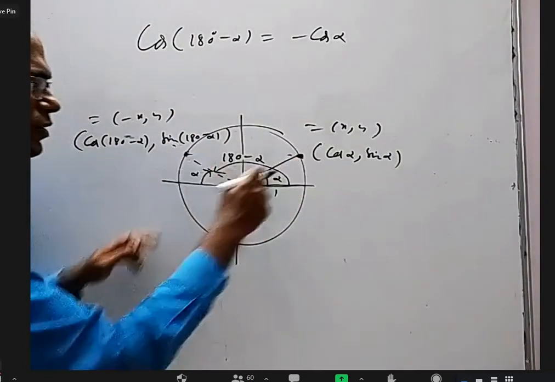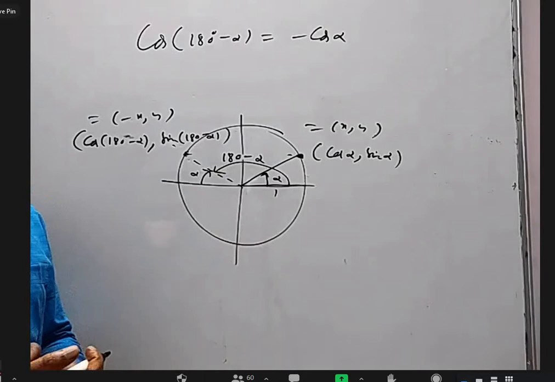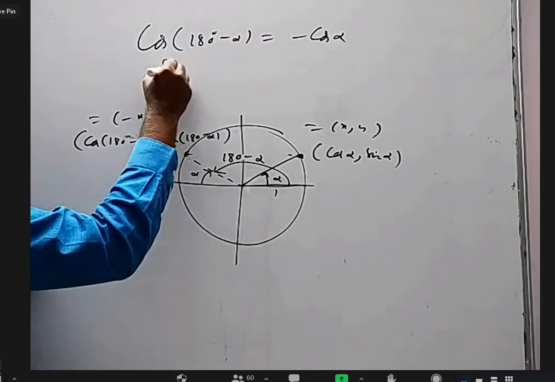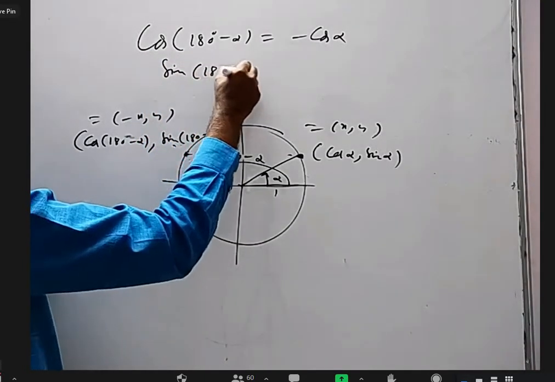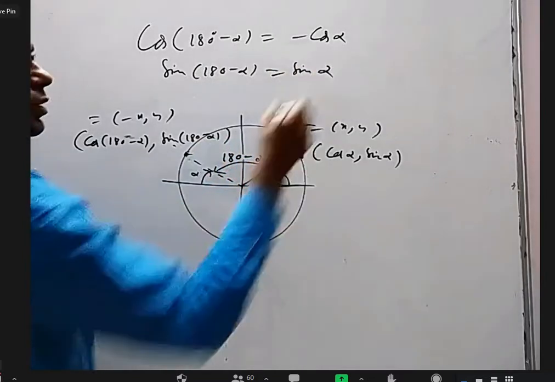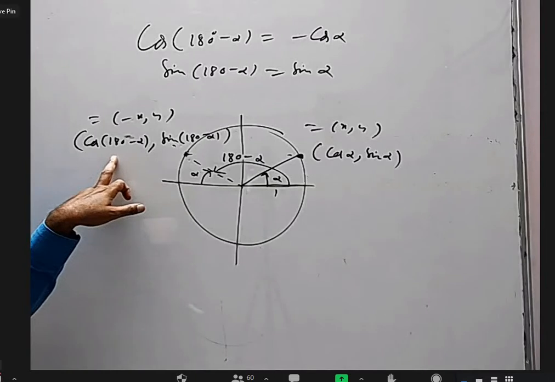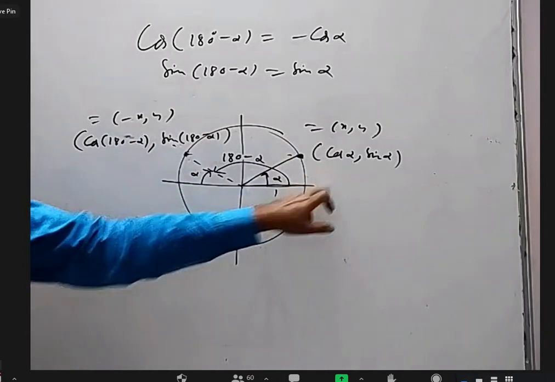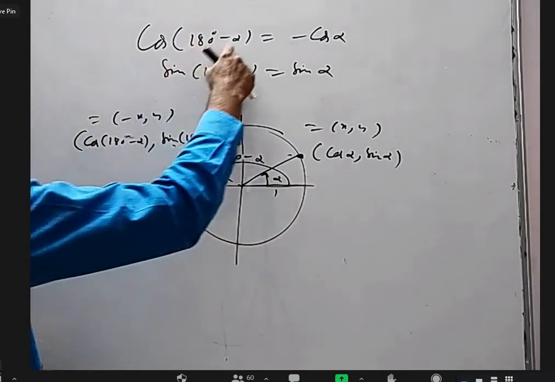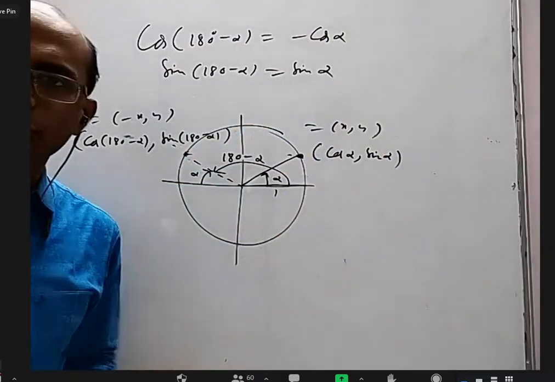Basically, both points have the same y coordinate, right? That's why I can write sin 180 minus alpha is equal to sin alpha. But this x coordinate is the negative of this, right? Similarly, that's how we can write cos 180 minus alpha is minus cos alpha. That's all. This is a proof.